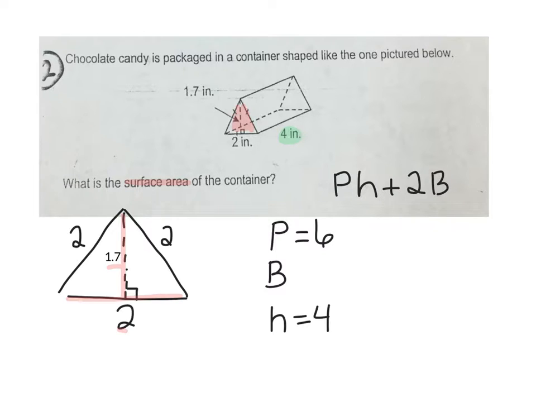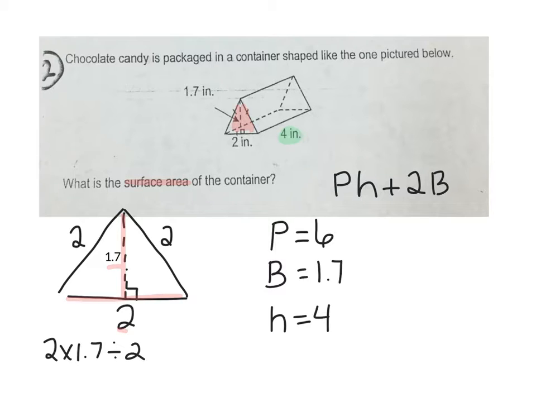So we're going to say 2 times 1.7 and then divide that by 2. Let's do that in the calculator. 2 times 1.7 divided by 2, I'm going to get 1.7. So the area of the base is 1.7.